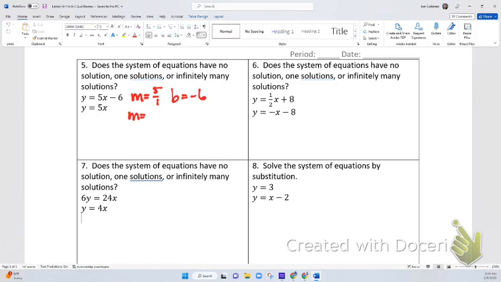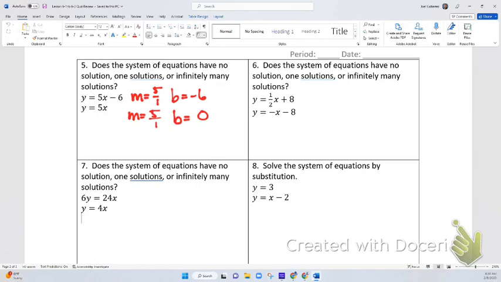The m is also 5/1. And the b is, well, wait, there is no b. So as Marco Guevara has just said, the b happens to be 0. Okay? So for this one, you don't need to do anything other than look at the m's and look at the b's and try to figure out what the heck is going on.